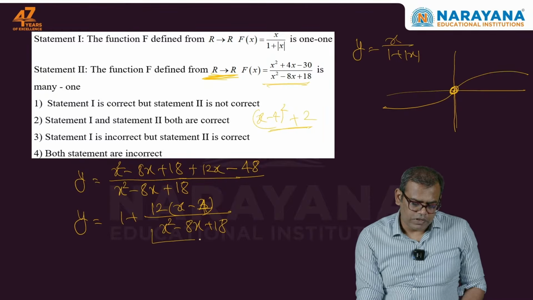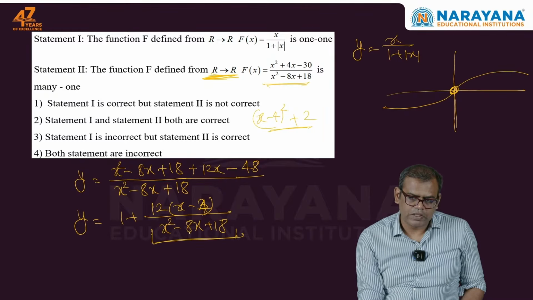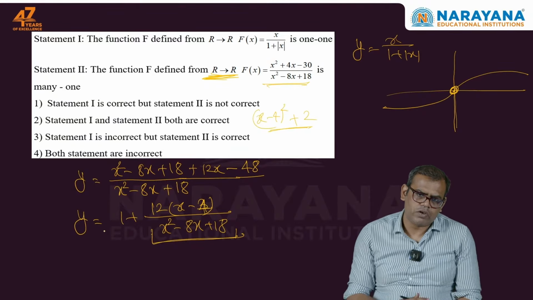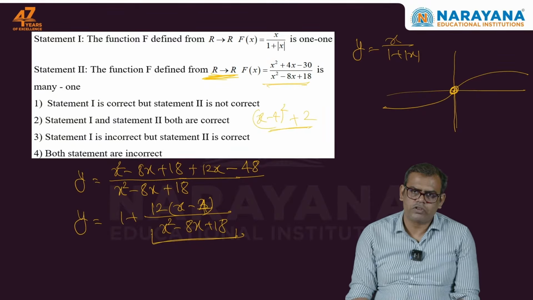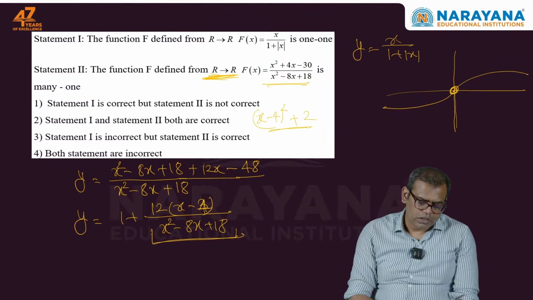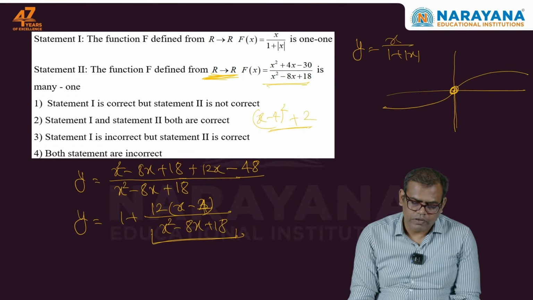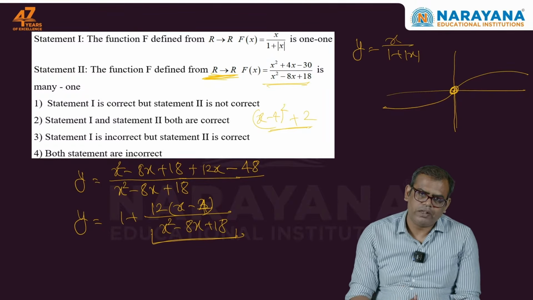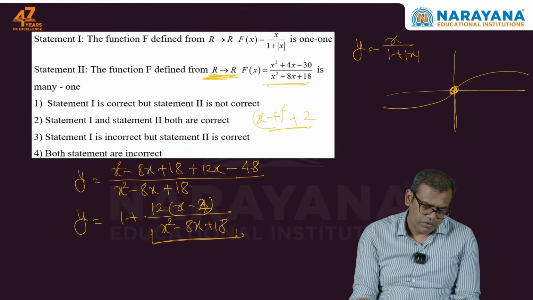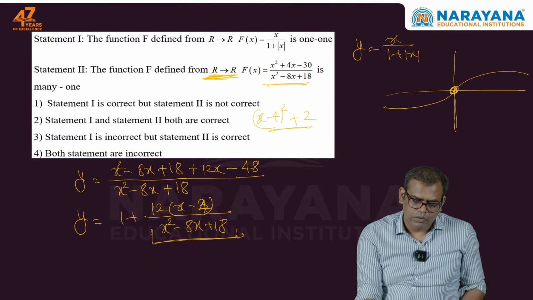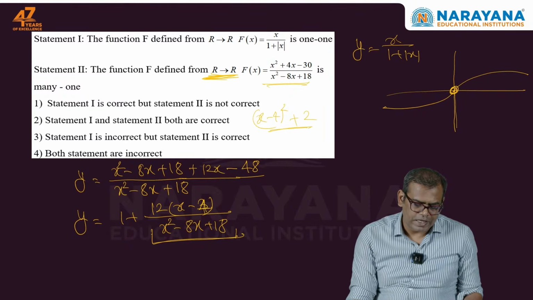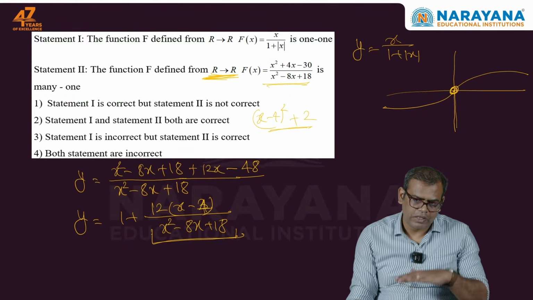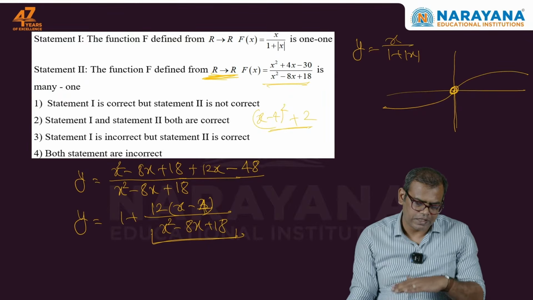So consider this function. First we will plot the graph of this function, and 1 is a constant, and a constant term does not decide the nature of the graph. A constant term decides only the relative position of the graph with respect to the x-axis. So adding 1, the graph will be shifted 1 unit up, right? Whether it is one-one or many-one is not decided by the constant term, because the graph only shifts up and down.